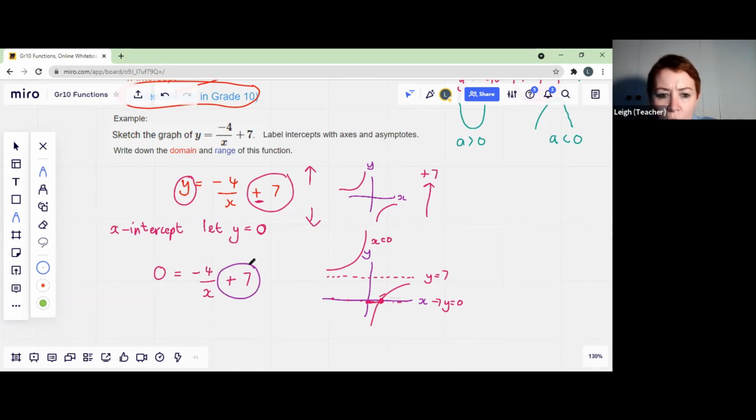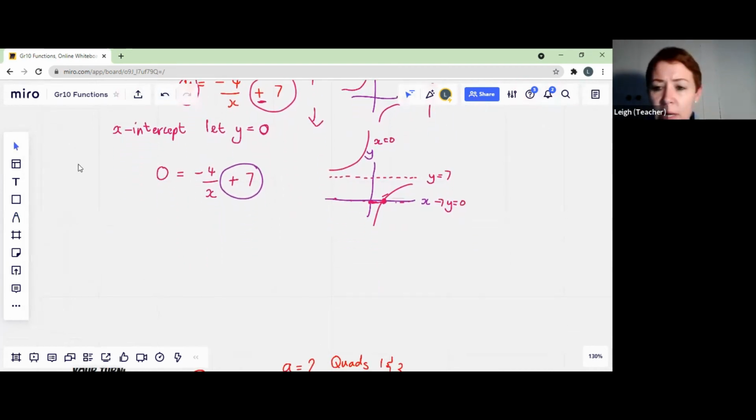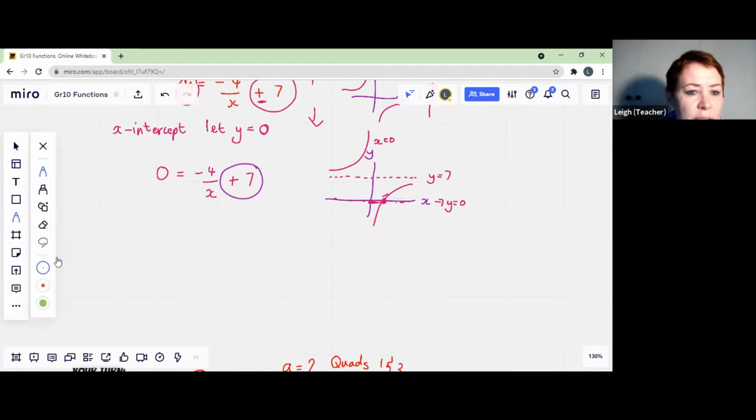Can anybody tell me what to do with plus 7? You move it to the other side. Beautiful. Yes, 100%, quite right. And when I move it to the other side, is it still going to be plus 7? No, ma'am, it becomes negative 7. You guys are so good. Well done. Excellent.